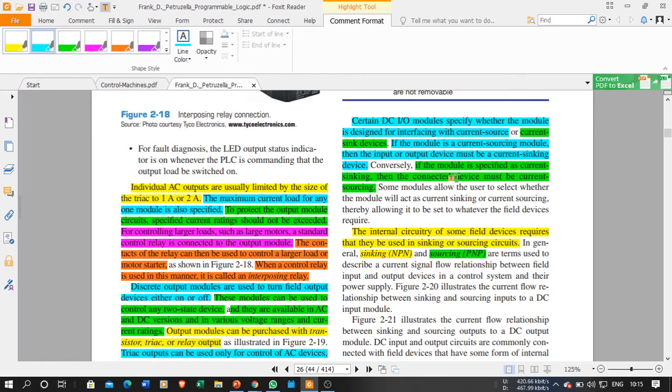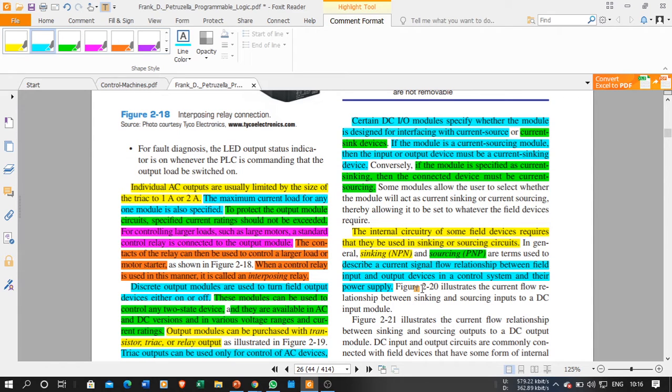Okay, what does it define? It describes how the current is flowing and what the relationship is between the field input output devices in the control circuit and their power supply. In the figure, Figure 2.20 illustrates the current flow relationship between sinking and sourcing input to the DC input module.